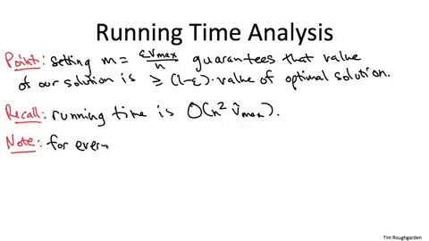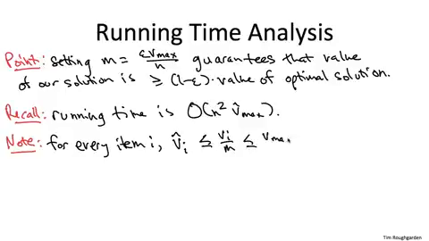So pick your favorite item i. How big can its transformed value v hat i be? Well, how do we get v hat i? We take the original value vi, we round it down, and we divide it by m. So the biggest, certainly, that v hat i could be is the original value vi divided by m. That obviously is at most the maximum original value divided by m.